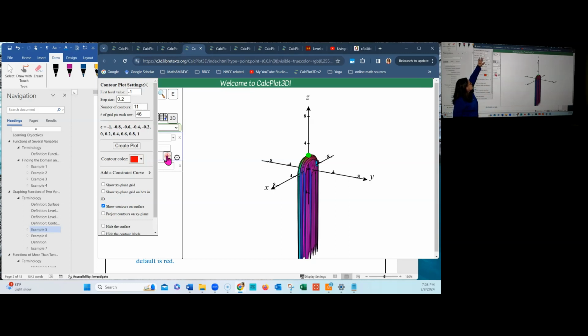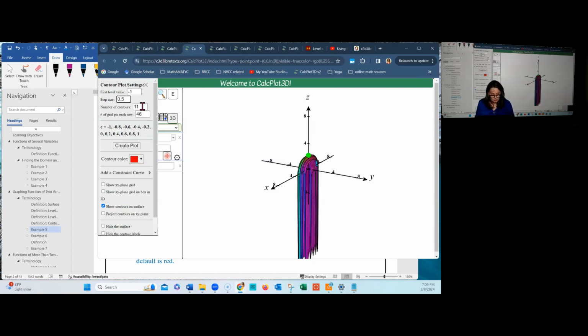Then it has what it calls a step size. So it's going to do -1, then -0.8, then -0.6, -0.4. In other words, they're 0.2 apart in increasing order. Let's say that I go ahead and start at -1, but I want to make them 0.5 apart.